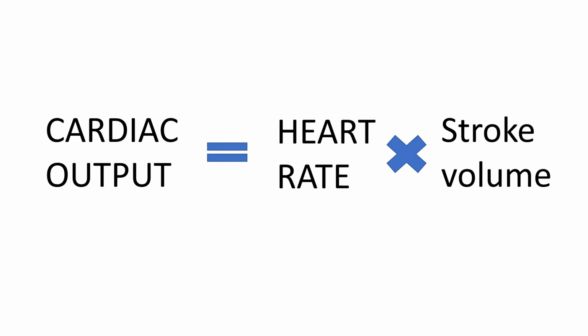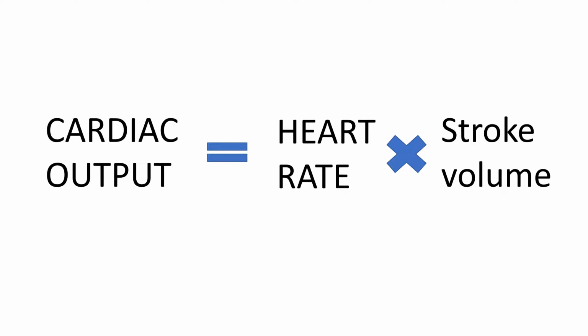Cardiac output, which is the blood flow out of the heart itself, is dependent on the volume of blood ejected with each beat, which is called stroke volume, and the number of beats per minute, in other words, the heart rate. Hence the equation: cardiac output is equal to heart rate times stroke volume.